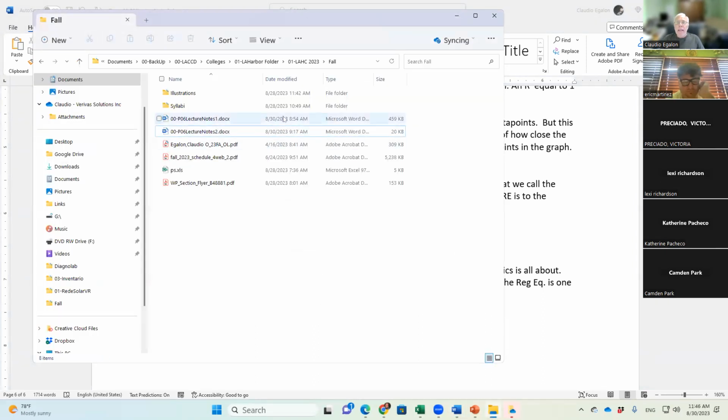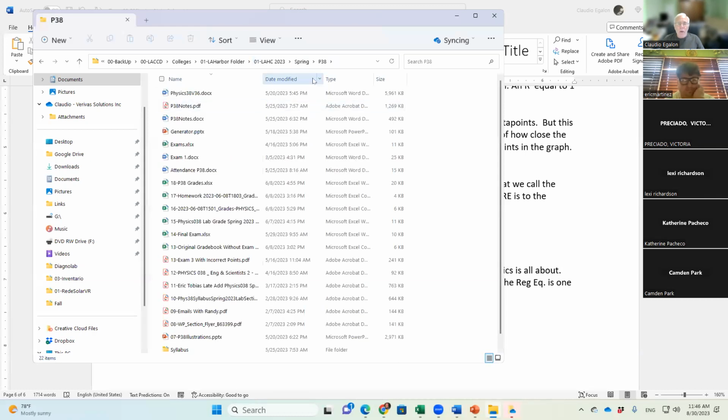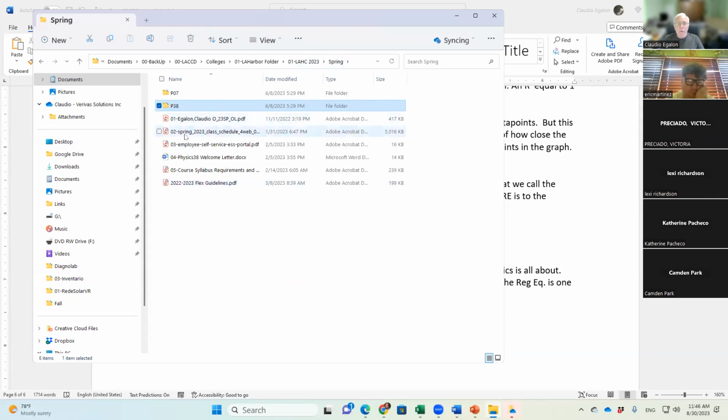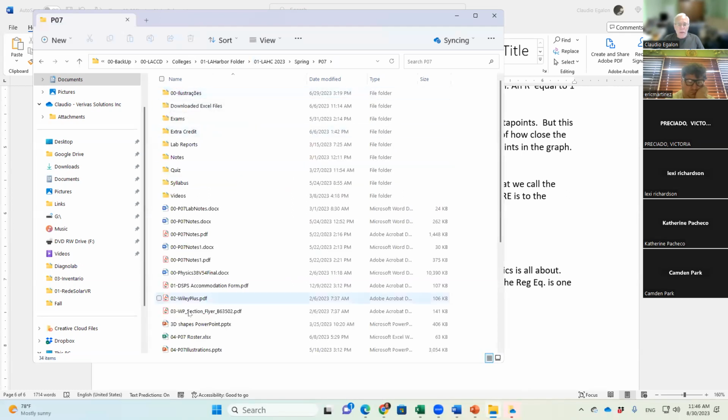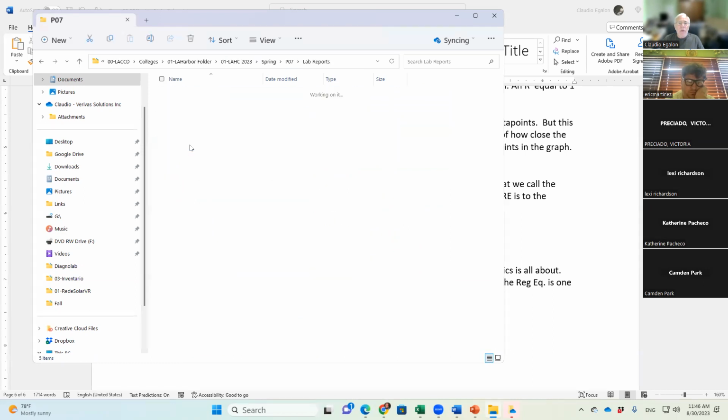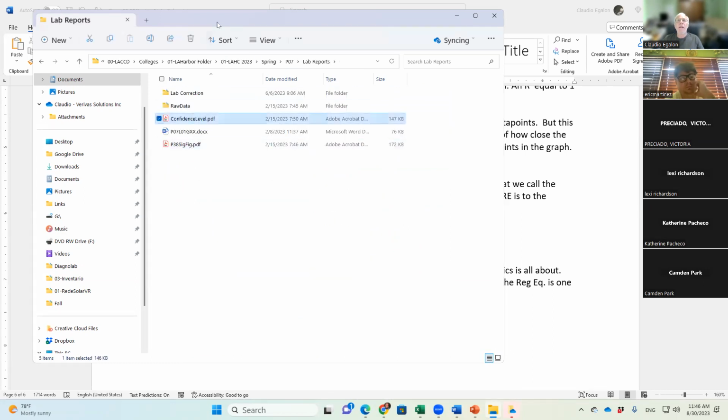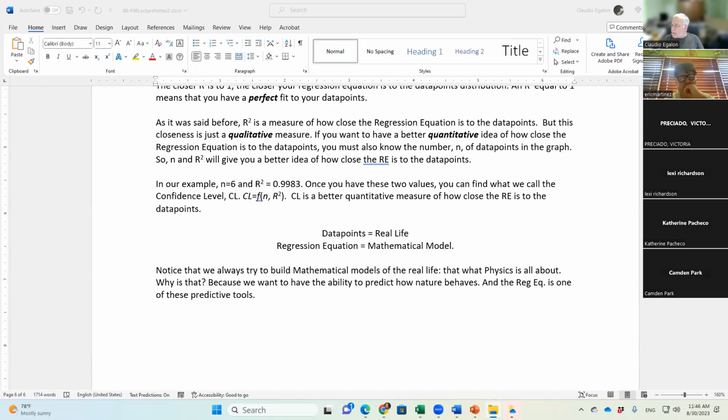Let me get my table here that we are going to be using throughout the semester. Confidence level right here. This table you're not going to find anywhere.